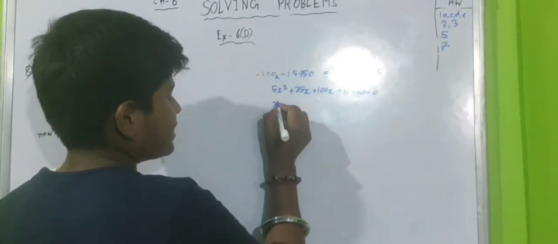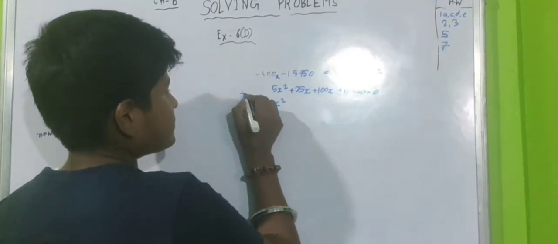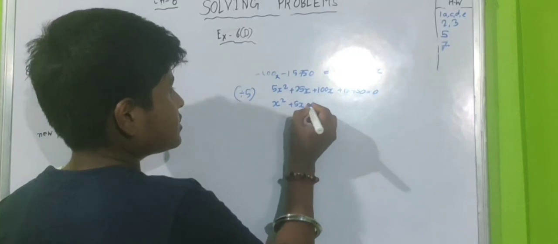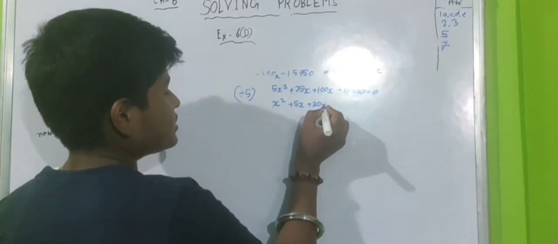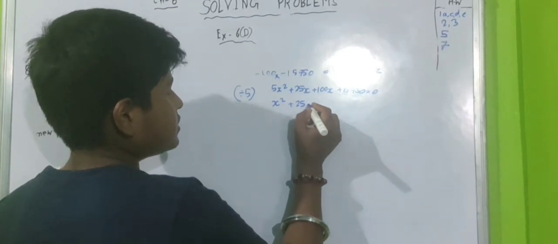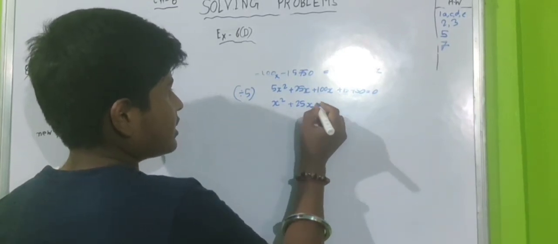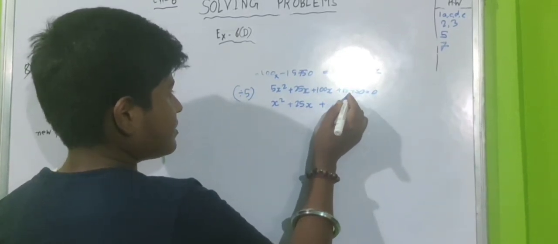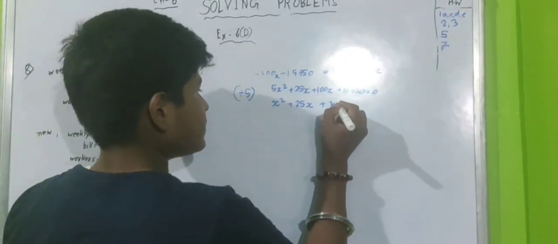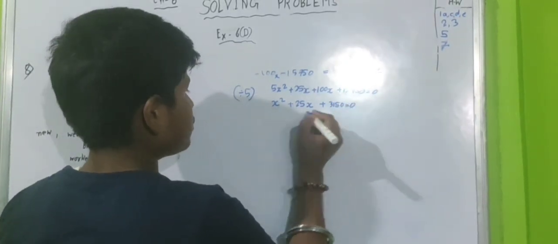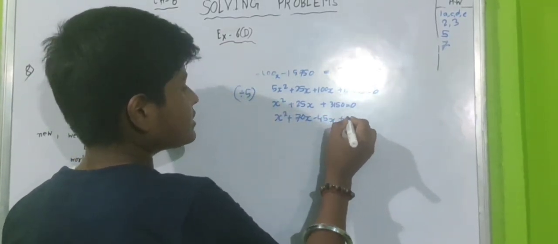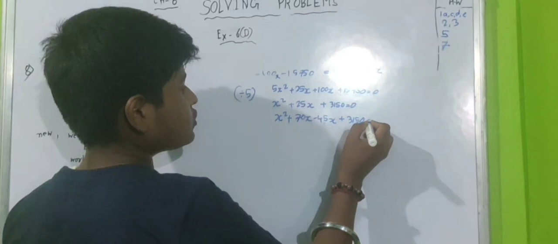Divide by 5, each has a common 5, so x square plus 5x plus 20x, this will ultimately become 25x, plus 3150 equals 0. Now do the mid-term split.